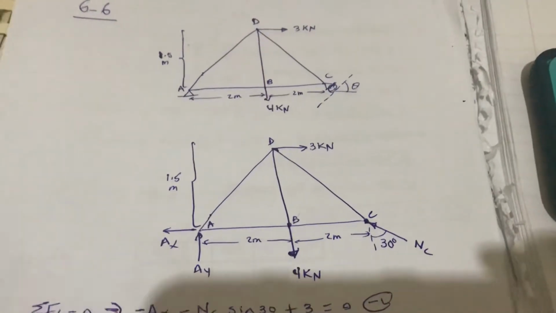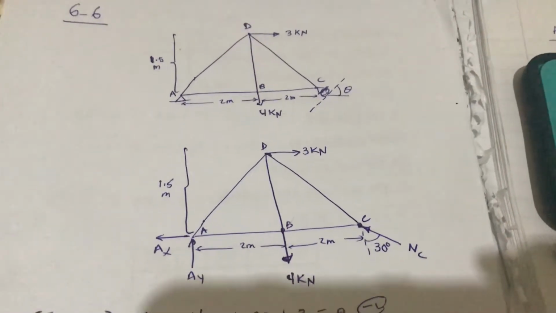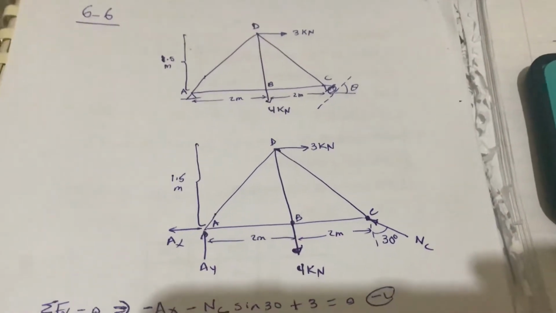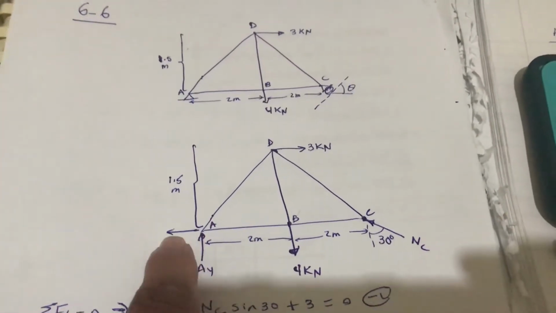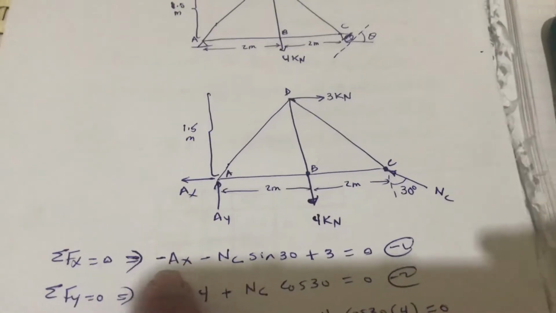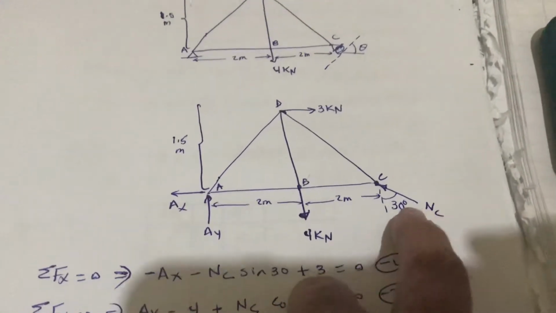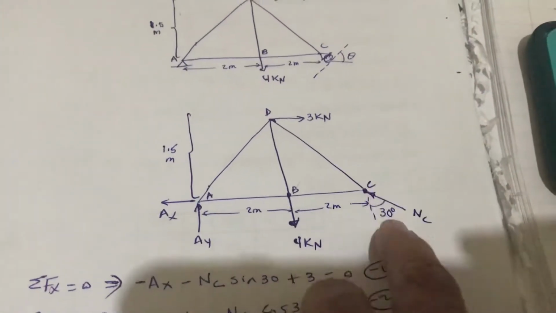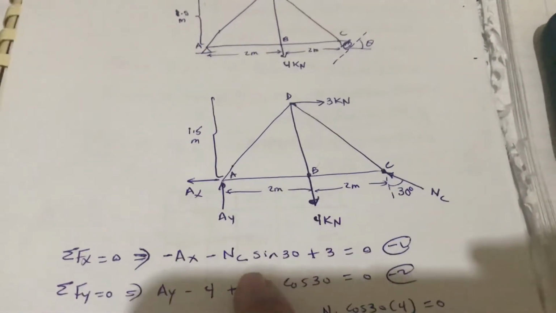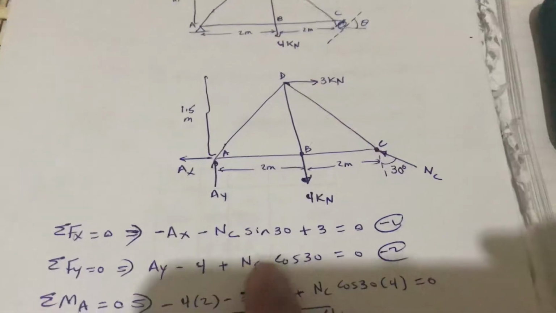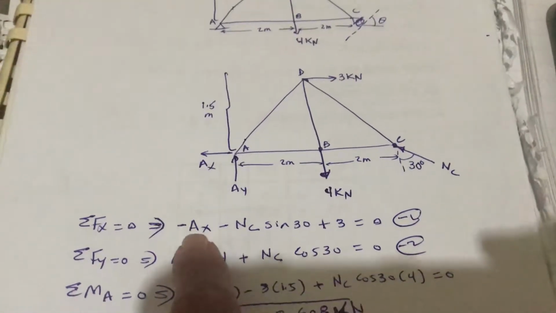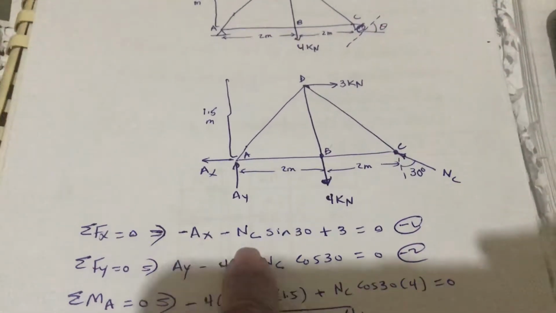So, let's find out, first of all, summation of forces in the x-axis. We have AX in the negative, so it's minus AX. And we have this one also in the negative, minus NC sine 30. And of course we have 3 kilonewton in the positive. So here we have two unknowns, AX and NC.